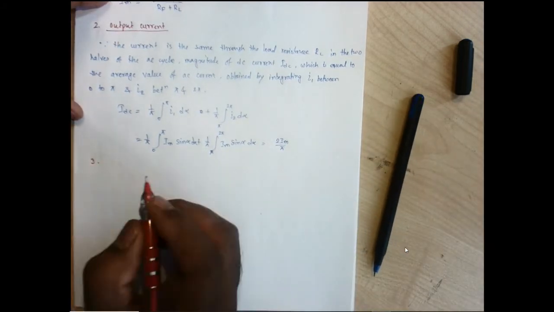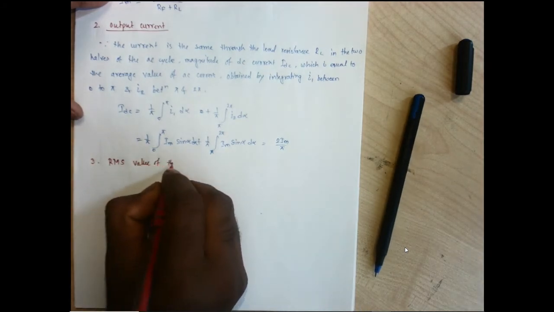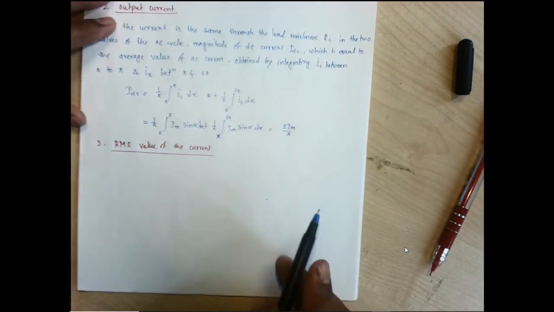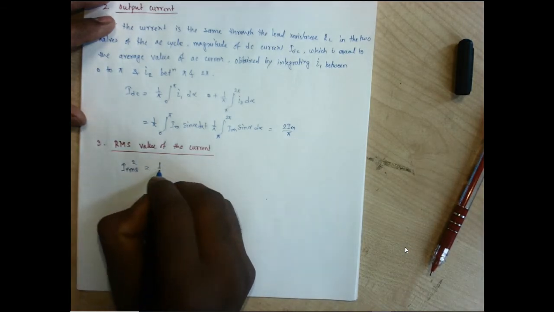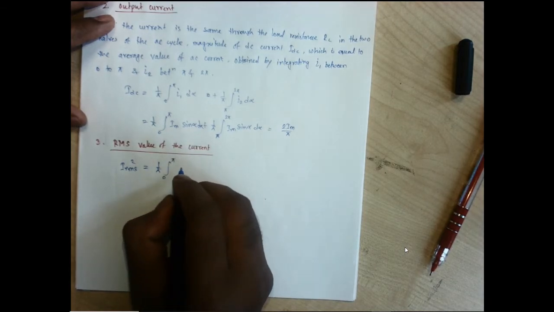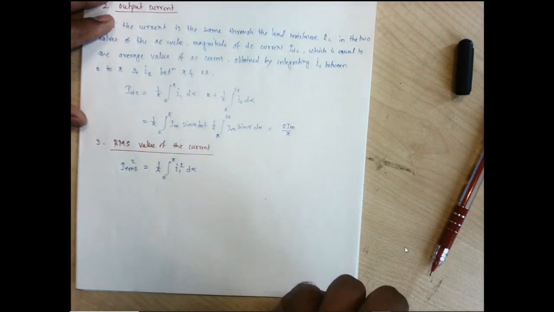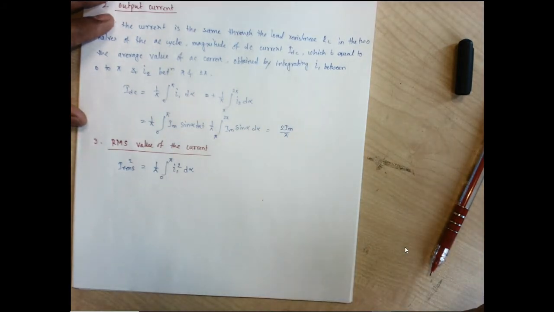Next, the RMS value of the current. I RMS square is equal to 1 by pi integral 0 to pi I1 square d alpha. There is no need to consider the other half if we consider the first half, because it is the same for the other half also.